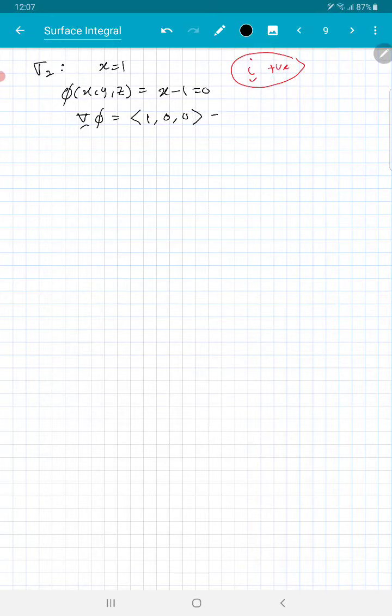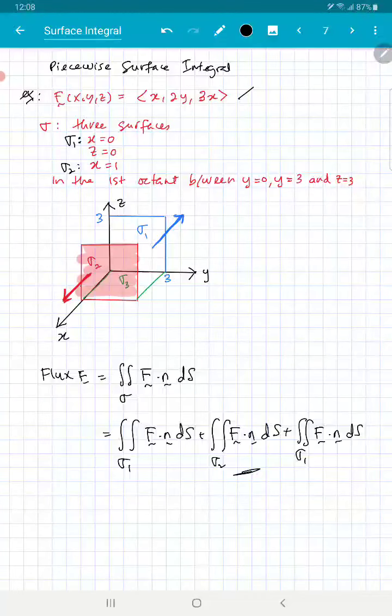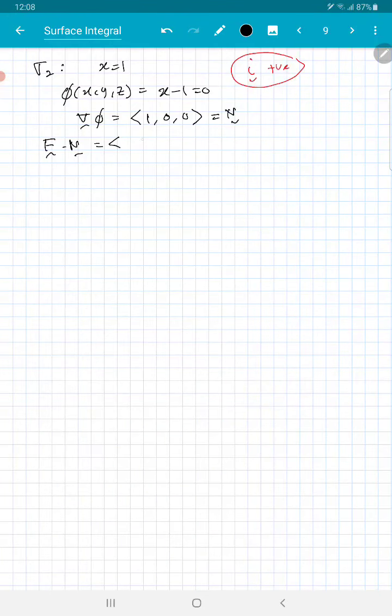So this is the normal vector. Now dot F and n. F is equal to x, 2y, 3x, and the normal vector is 1, 0, 0. Dot the two vectors, we get x plus 0, which is x.